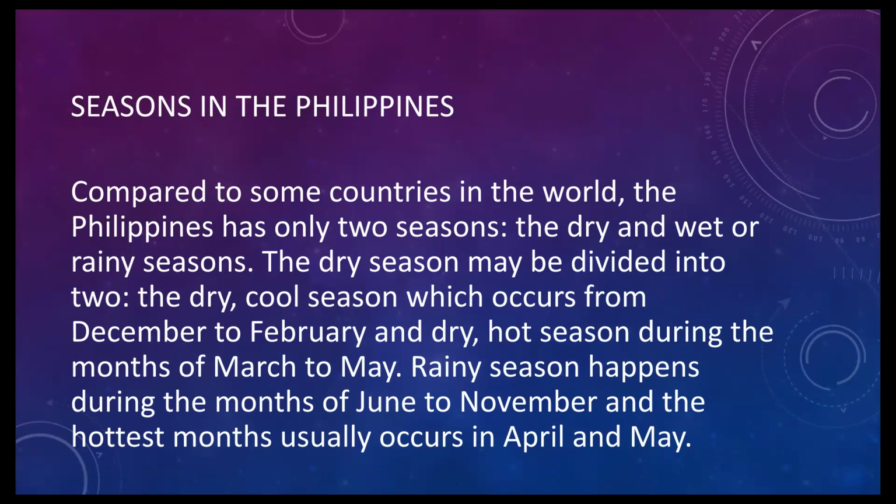You have the dry, cool season, which occurs from December to February, and the dry, hot season during the months of March to May. Rainy season happens during the months of June to November, and the hottest months usually occur in April to May.